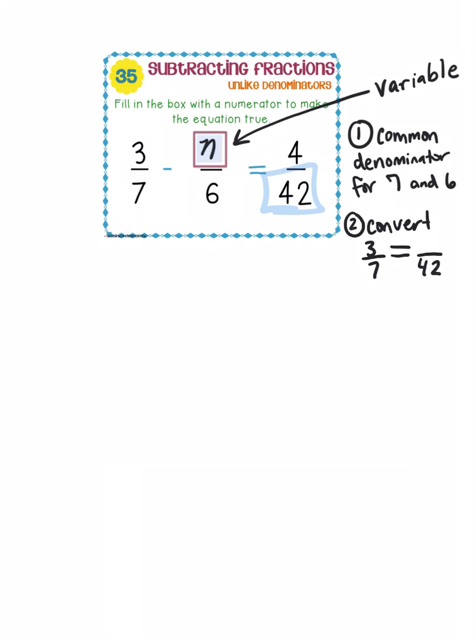I'm just going to list the steps for you and then let you do it on your own. Then step 3 is going to be convert or change n over 6 to some number out of 42.